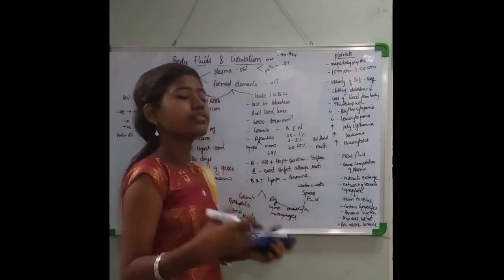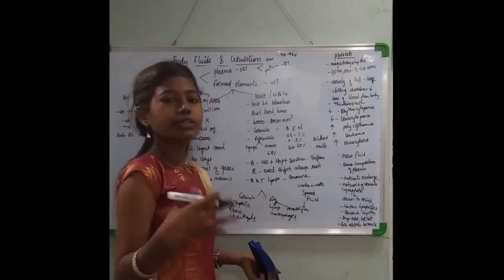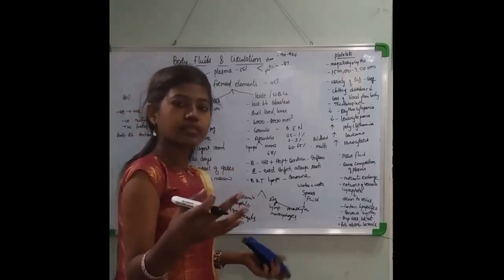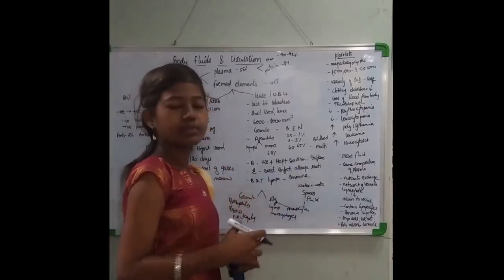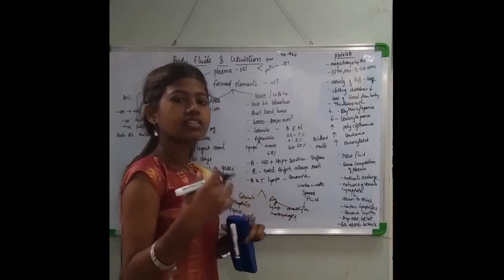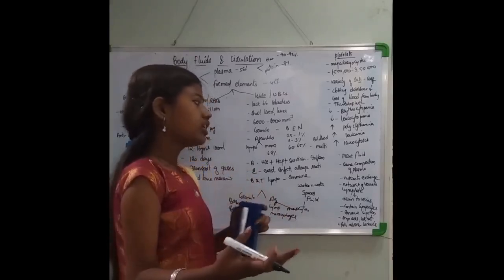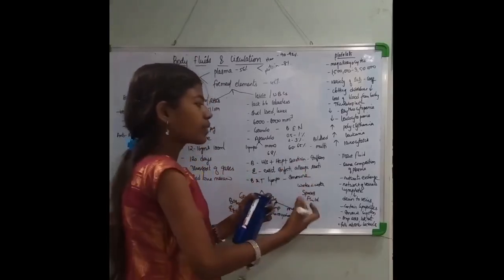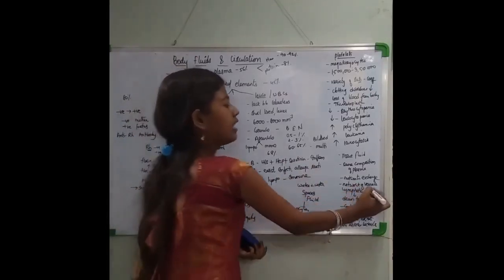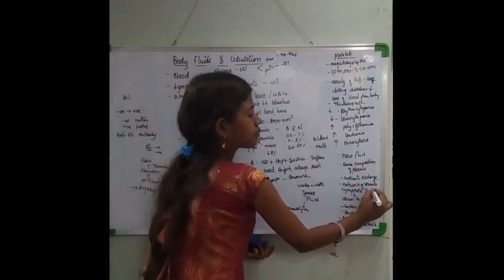That means it will have the same proteins, fibrinogen, globulin, and the same mineral content such as sodium, potassium, chlorine, magnesium. This fluid will also help in the exchange of gases and nutrient transportation, and it will form a network of vessels. This network of vessels is called the lymphatic system.